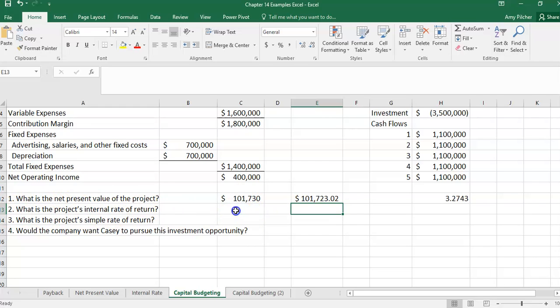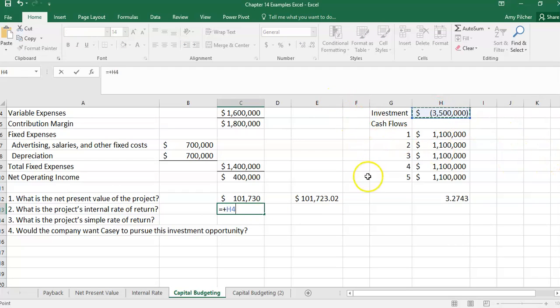For the project's internal rate of return, we take the investment, the positive investment, divided by the cash flows, and we get roughly 3.18.